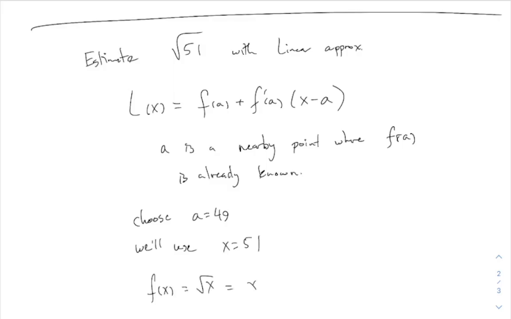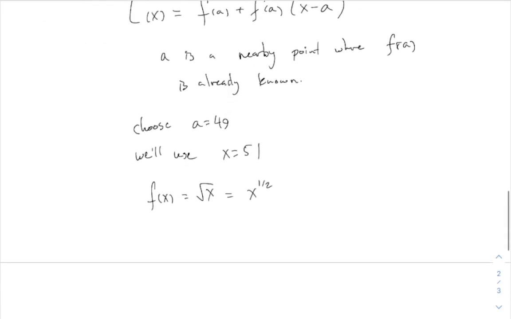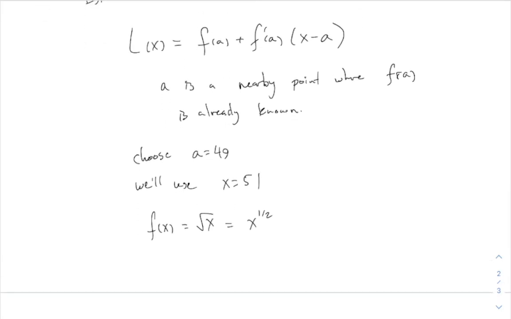I'm going to write it as x to the 1/2 because we have to take the square root. Right? The formula also involves, not the square root, we have to take the derivative, f prime of a. So I also want to do f prime of x, 1/2 x to the minus 1/2, which is the same as that, right? That's what x to the minus 1/2 means. It means the square root of x, but in a denominator.